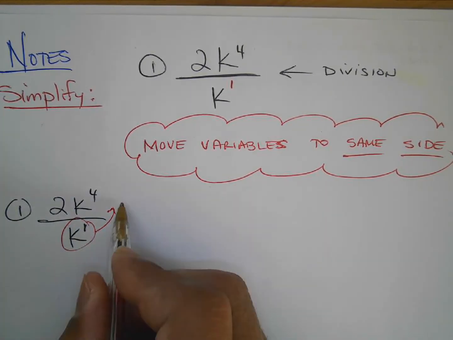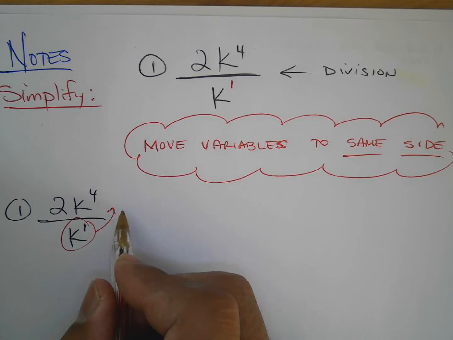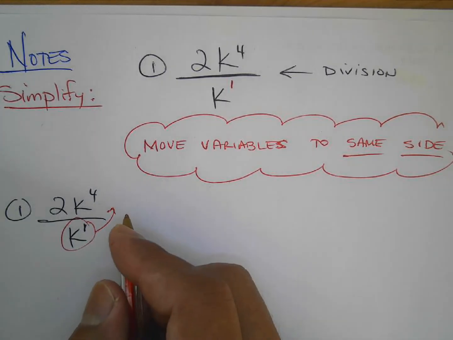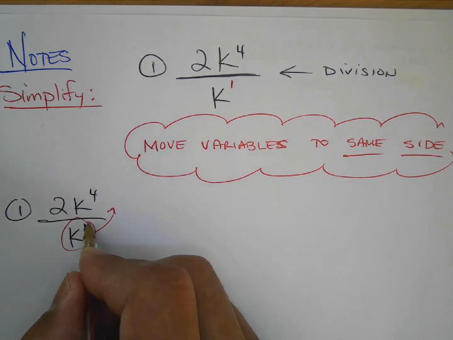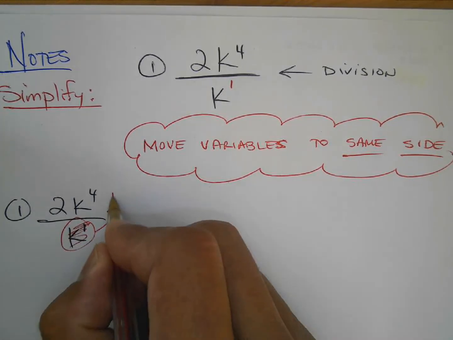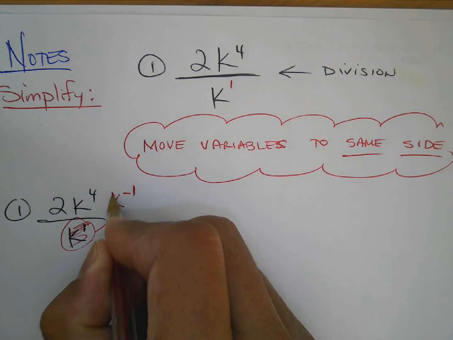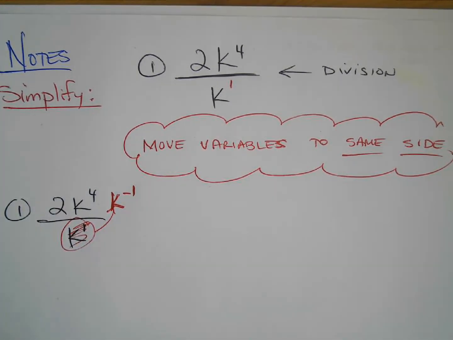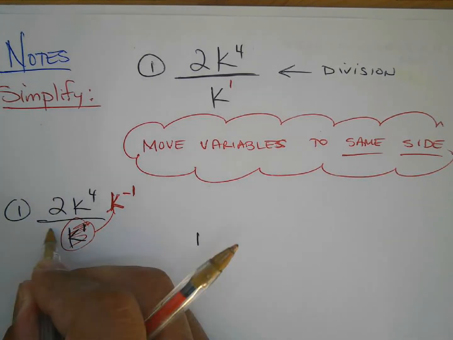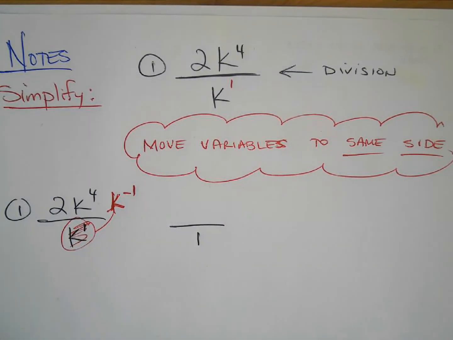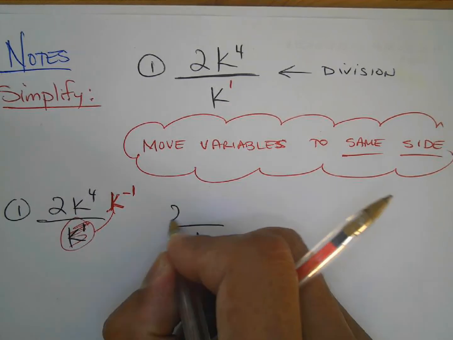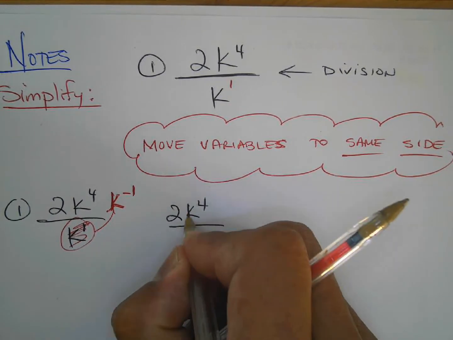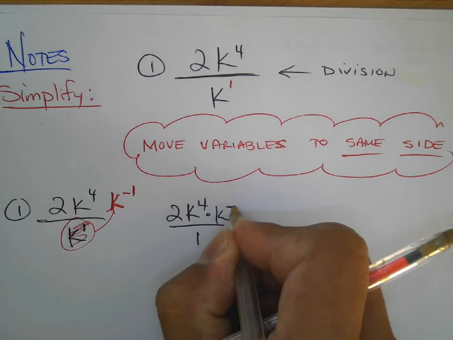If it's a positive 1 and I move it up, it'll be k to the what? Negative 1. It was positive 1 here, and now it's to the negative 1. And you have nothing left in the bottom. You can just put a 1. And now you're doing 2k^4 times k^-1.